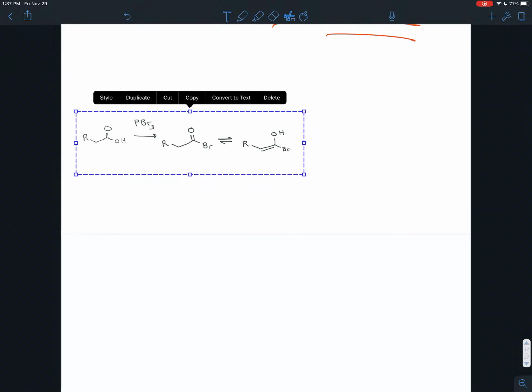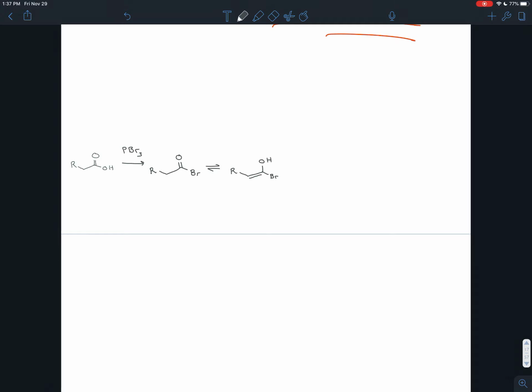You have your nucleophile there, so you can treat that with bromine, just like you'd treat the enol for an aldehyde or a ketone with bromine, and that gives you the alpha bromination product.